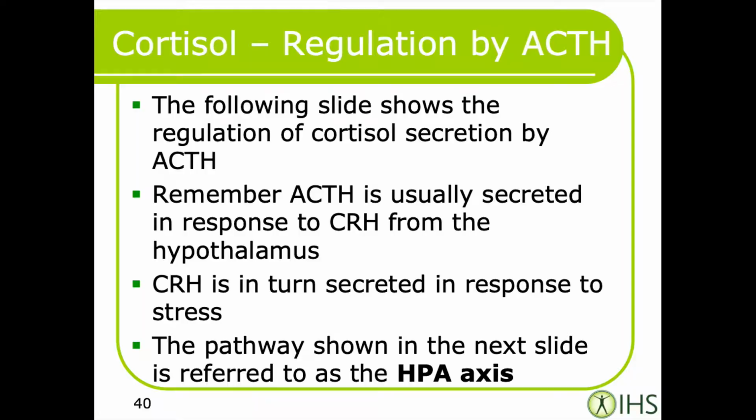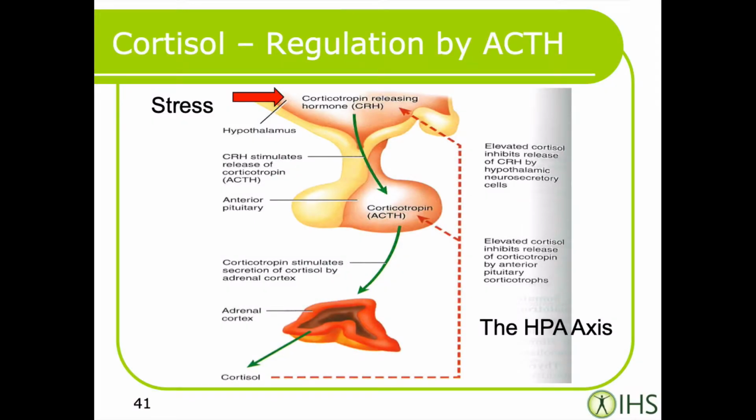And this pathway on the next slide shows you the HPA axis. You have the hypothalamus here, the pituitary gland, and the adrenals. CRH is released from the hypothalamus. It travels to the pituitary gland where it triggers the release of ACTH.